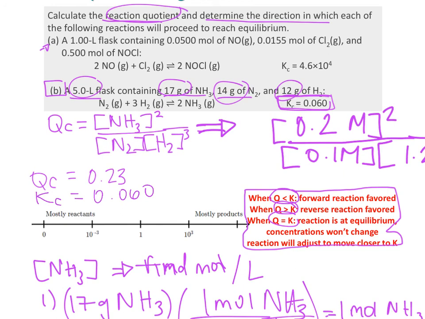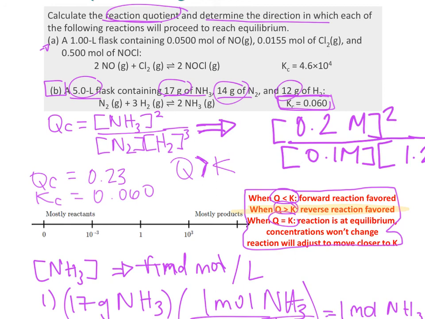We can obviously see that between K and Q, Q is bigger, right? We can see that 0.23 is bigger than 0.06. So here the situation that we are looking at is that Q is greater than K. So what that tells us is that the reverse reaction will be favored.